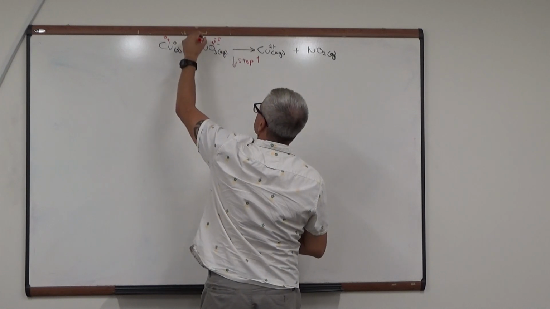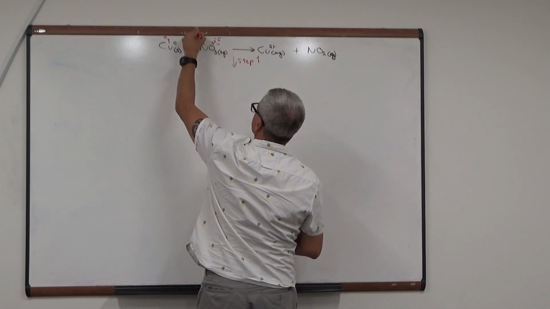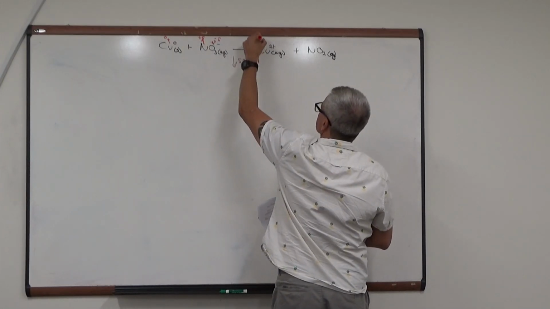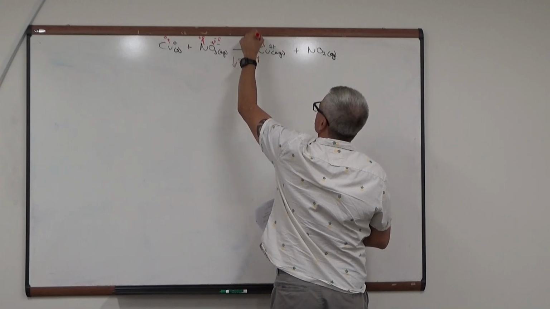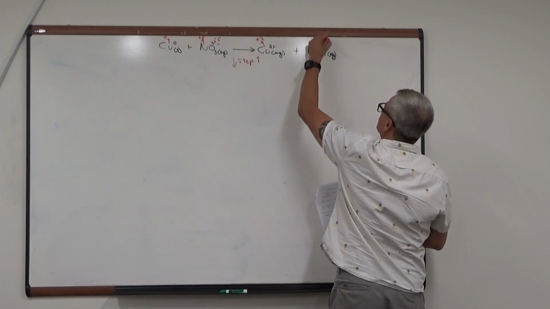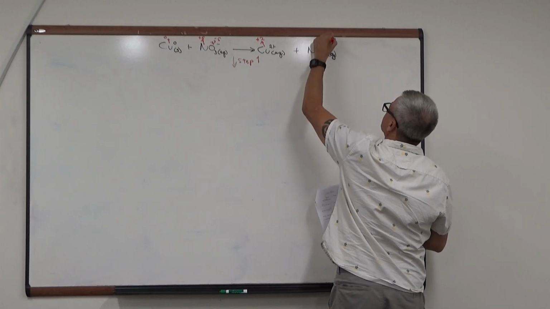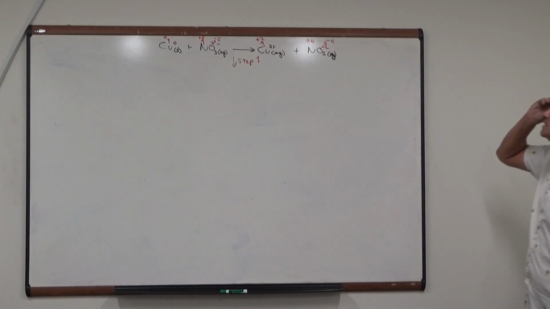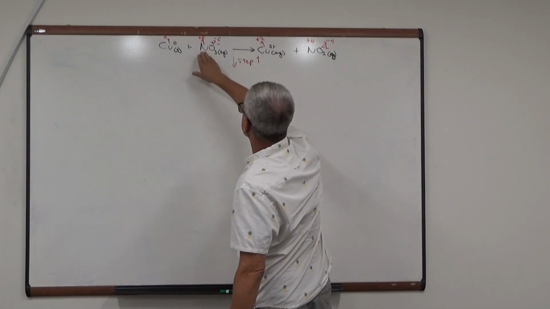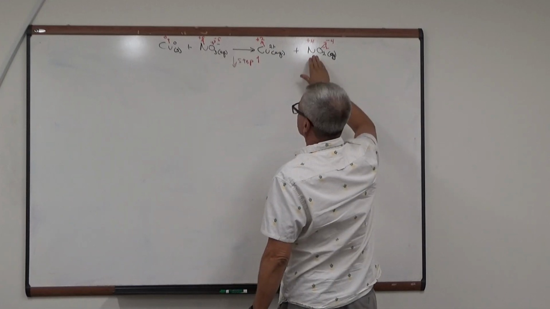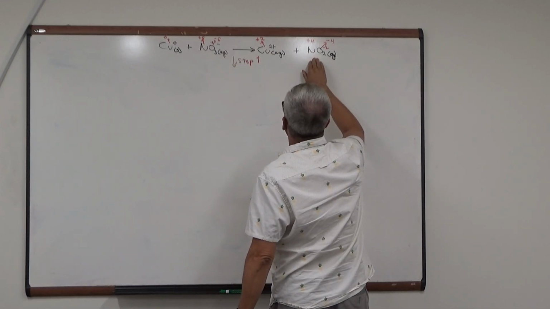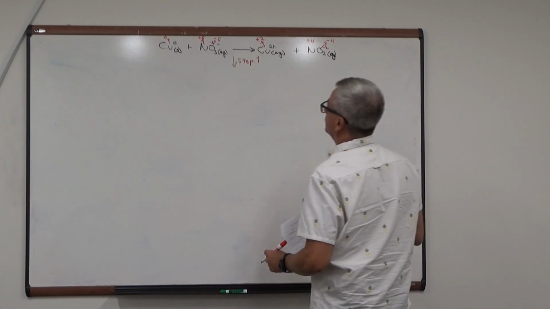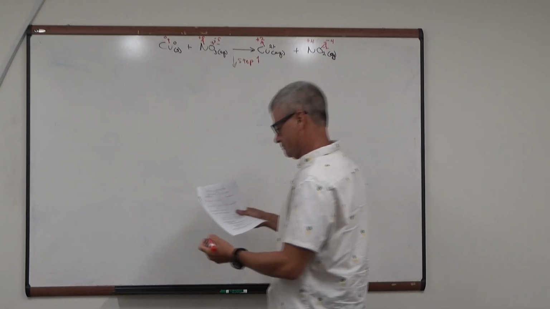It's overall negative, so you know that this is +5, right? And then this is +2, so -4, so +4. So nitrogen is getting reduced. It's going from N +5 to N +4. All right, so let's deal with that half reaction first.